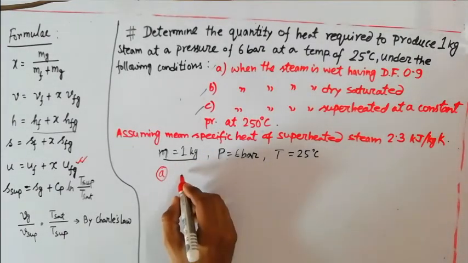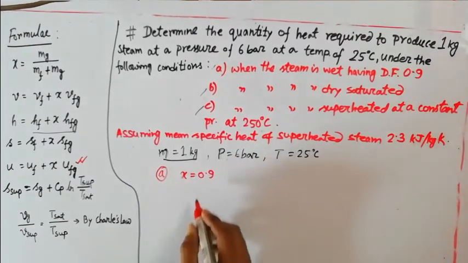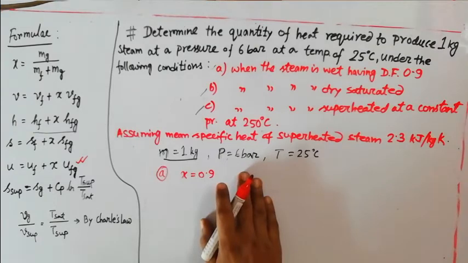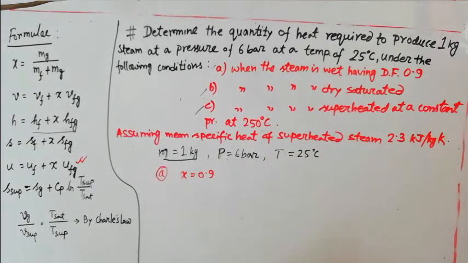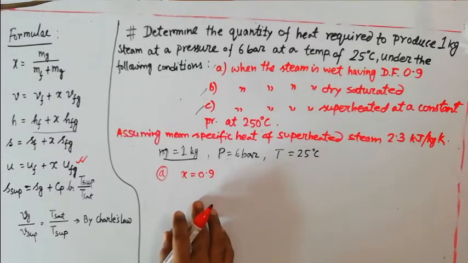So the condition is given: dryness fraction is 0.9. So 0.9 dryness fraction means 90% of the steam is dry, obviously. So from 90% dry steam, you have to produce steam at 6 bar pressure and 25 degrees centigrade temperature, and that amount of heat you have to find out.